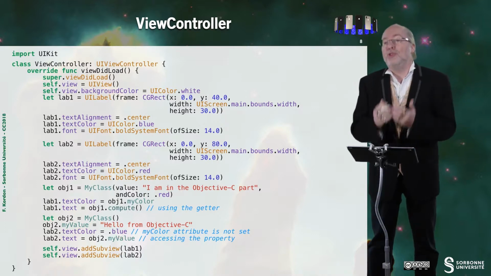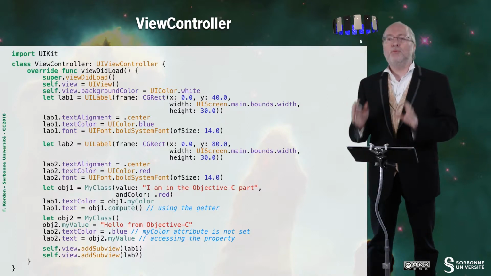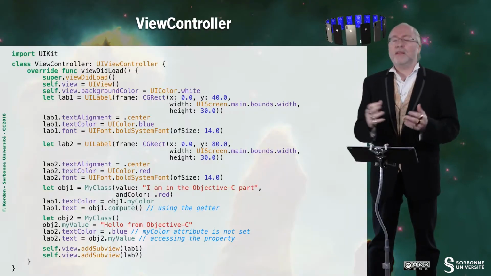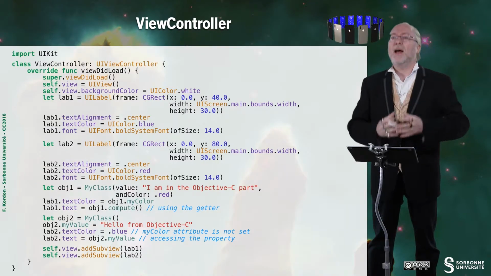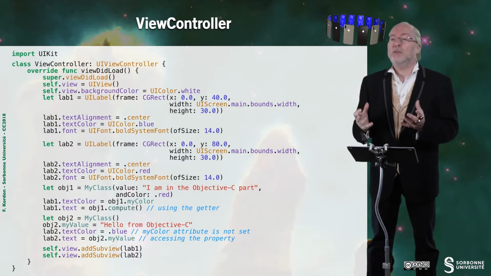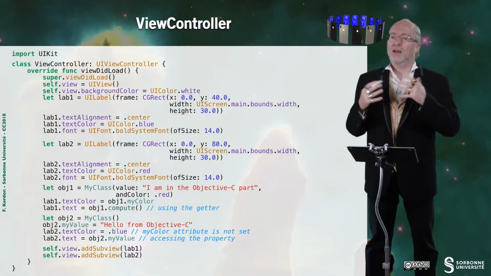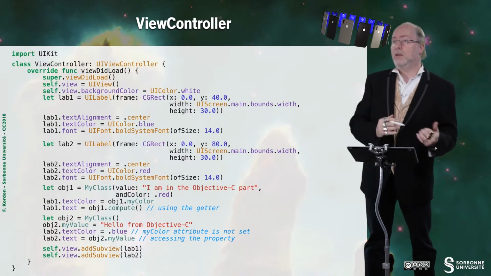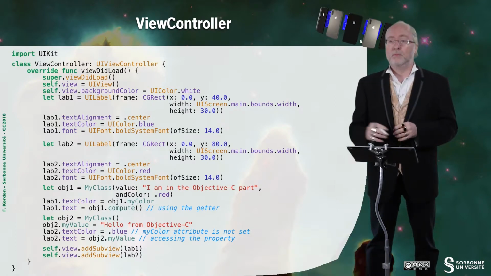I can do that because these attributes have been declared in the .h part, not in the .m part, so they are public, they are visible. From the Swift side, I do not see any difference between the use of a Swift-programmed object or an Objective-C-programmed object. And then I do what's necessary to add the two labels on my main view.